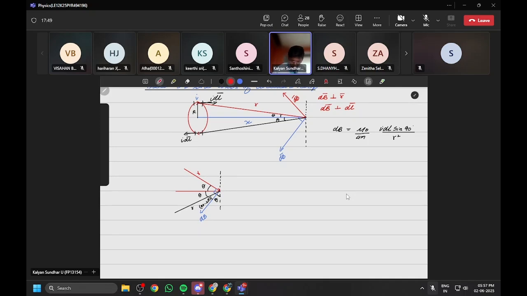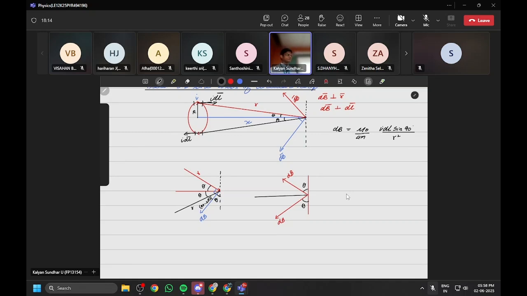So in total, if you are just taking a component for only the B value, this is your perpendicular dB vector, and similarly for this one the dB vector will be like this. This is your axis line, your x-axis, and this will be your theta value. And similarly this will also be theta value.